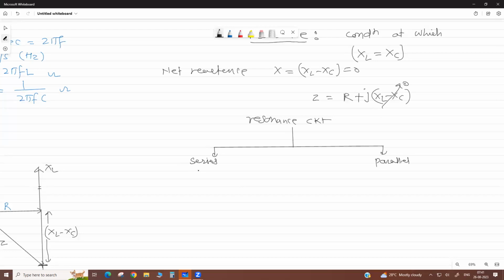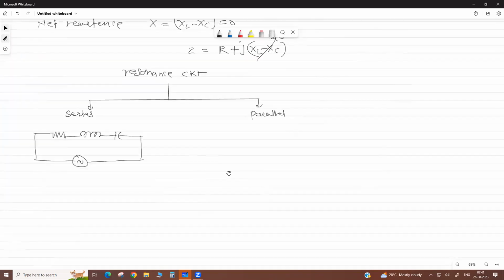When it occurs in a series RLC circuit, with R, L, and C in series, it is series resonance.